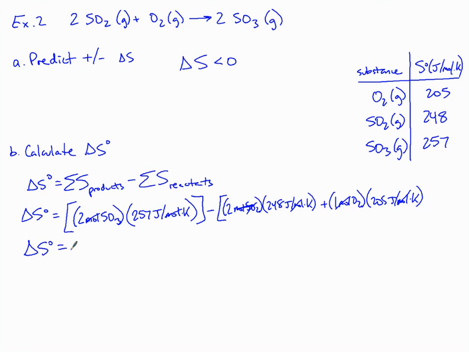So the standard change in entropy, let's write it a little bit cleaner: 2 times 257 minus 2 times 248 plus 1 times 205.